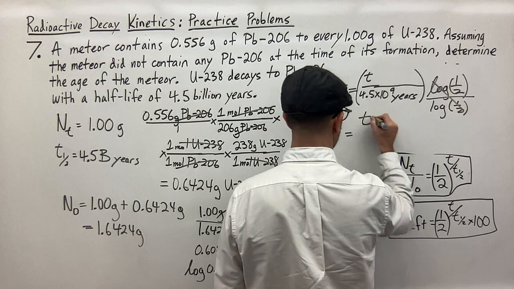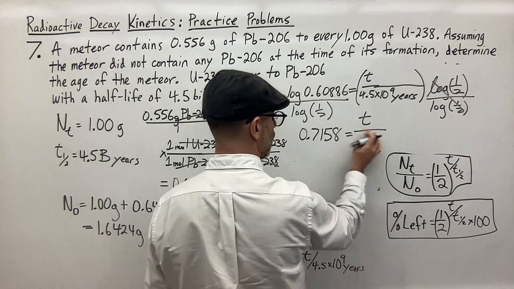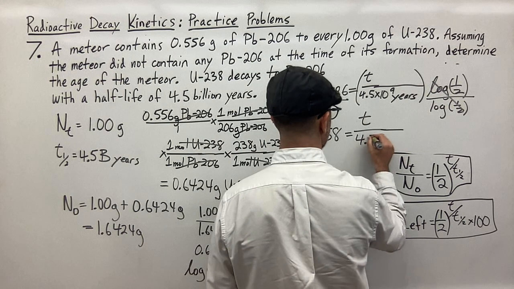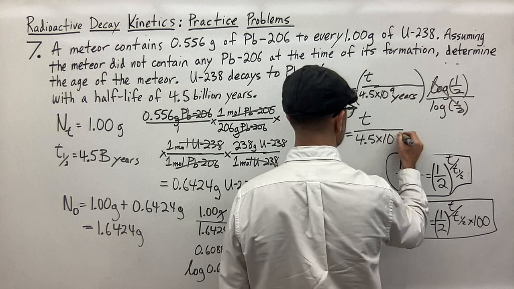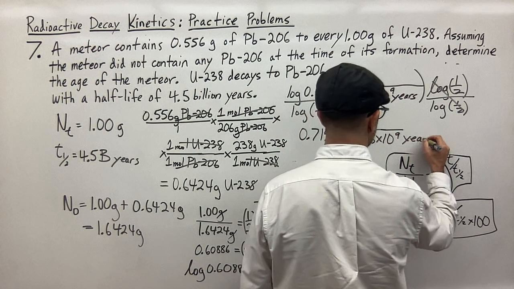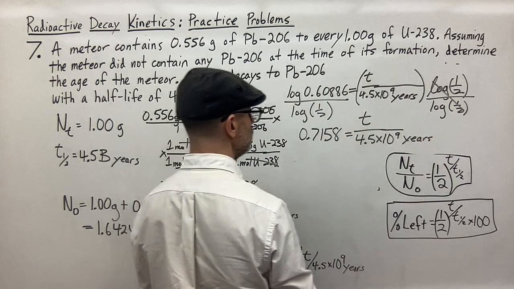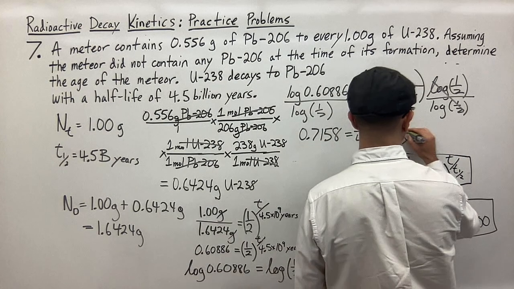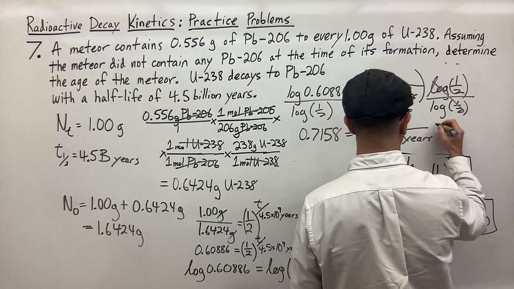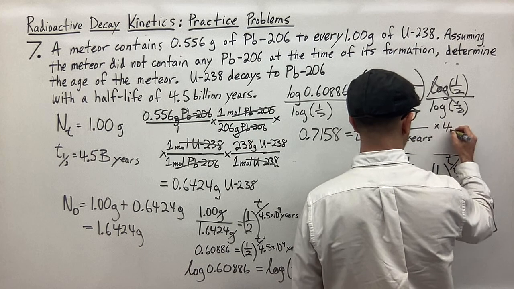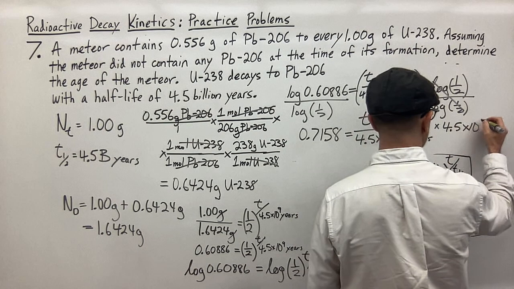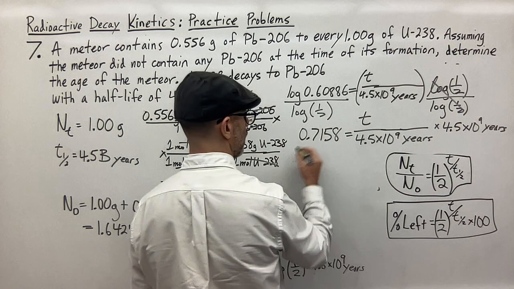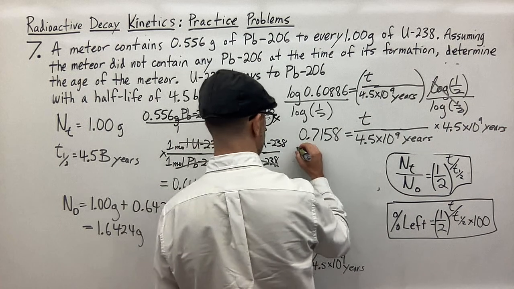So T, which is the age of our meteor, divided by the half-life, which is 4.5 times 10 to the 9 years. Now all I need to do is multiply both sides by the half-life. So I'm going to multiply by 4.5 times 10 to the 9 years on this side, and then I'll multiply on this side too.